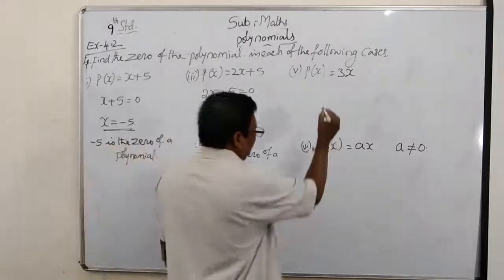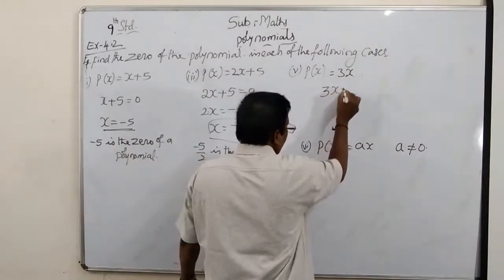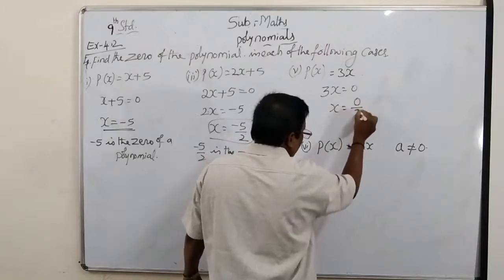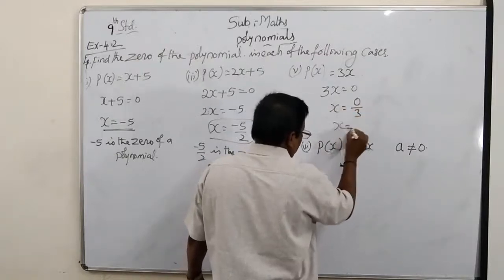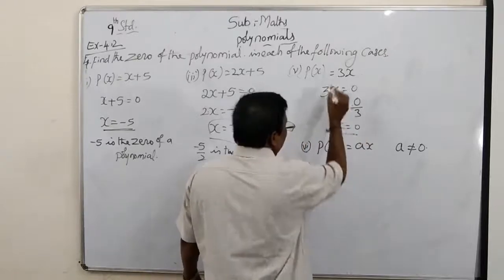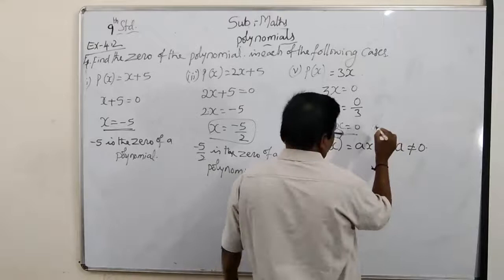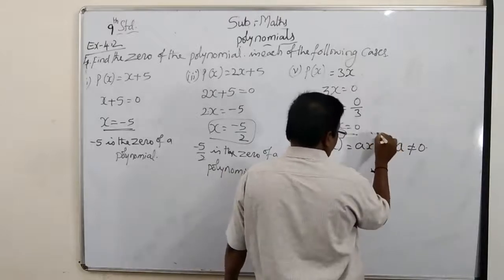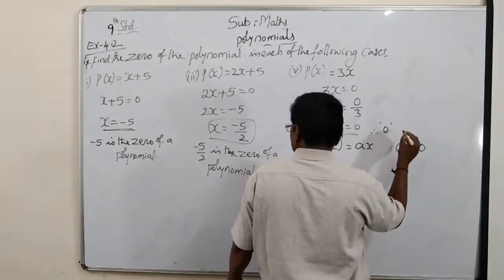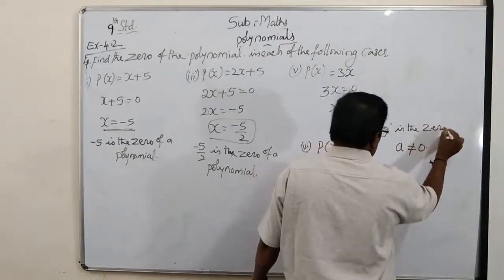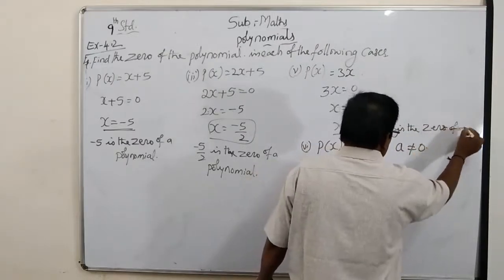Next, 3x is equal to 0. The 3 goes to the other side, so x is equal to 0 by 3, which is 0. It means the x value is 0. Therefore 0 is the zero of the polynomial.